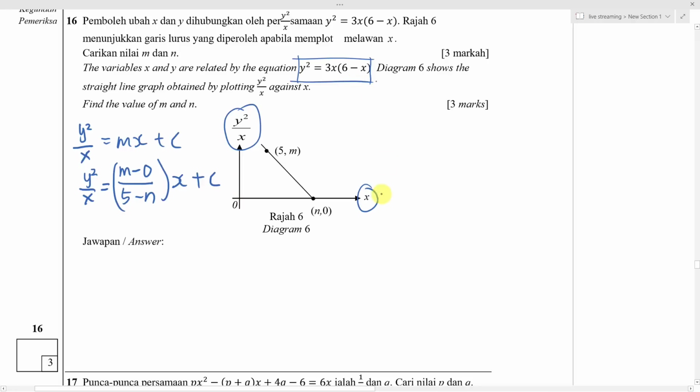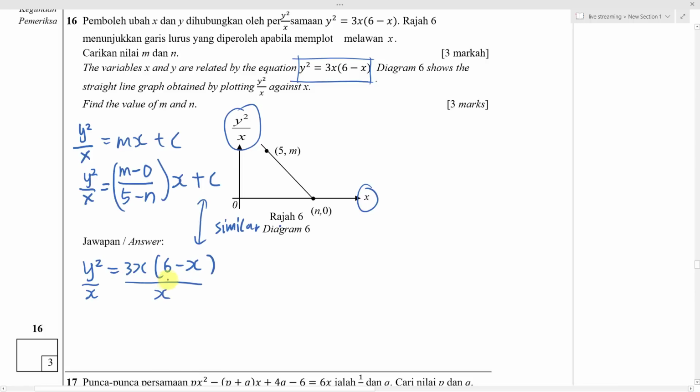Then I pull out my equation over here. I have y squared equals 3x(6 minus x), and I want to make both equations look similar, then I can do the comparing, right? You can see over here is y squared over x, but over here is just y squared without divide x. So I divide x here, and I divide x here.